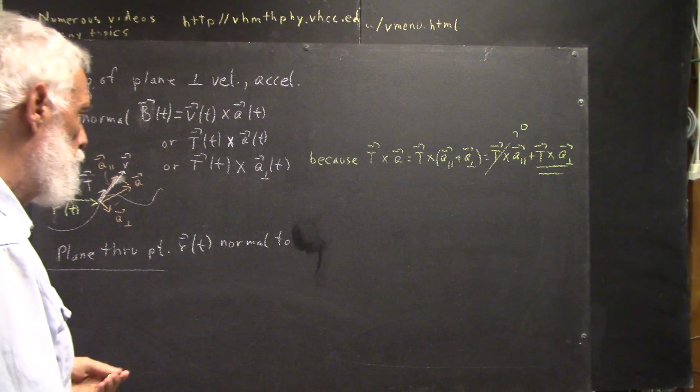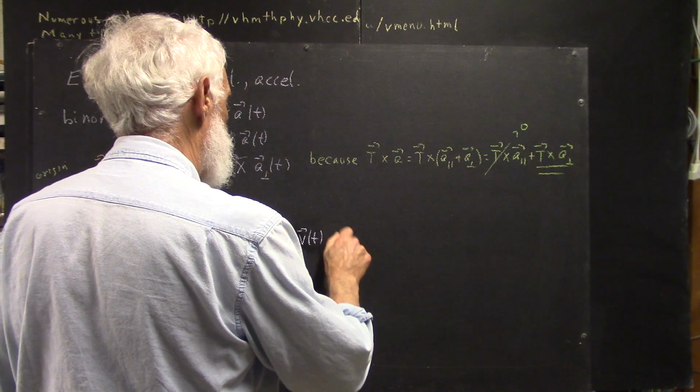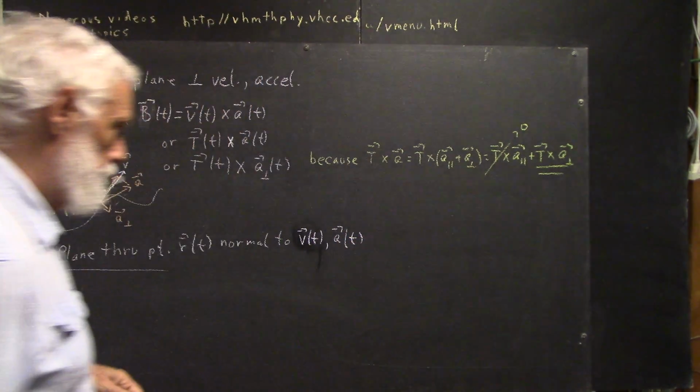Okay, and then I want that to be normal to v of t and a of t.